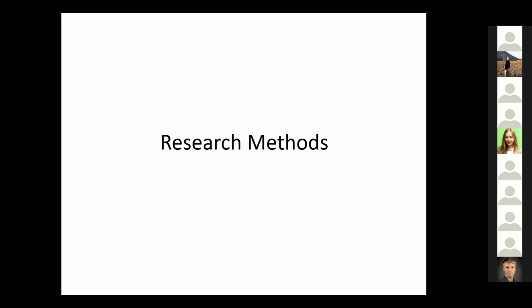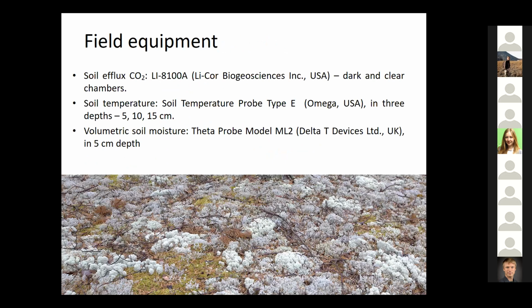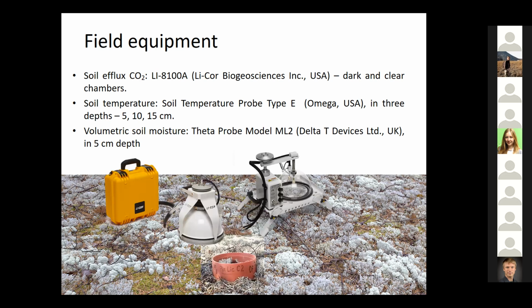As research methods, we used direct measurements. For this, we used a gas analyzer, and we used two types of chambers: dark chambers and light chambers, which also capture some photosynthetic activity. We also measured soil temperature during the season, and volumetric soil moisture.